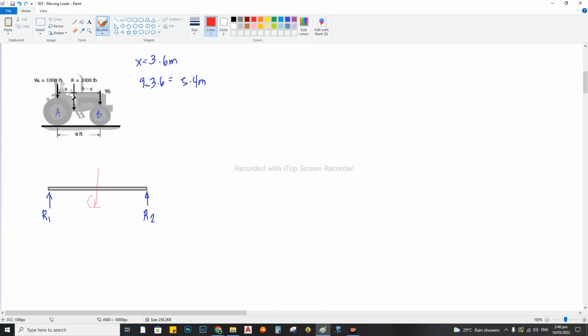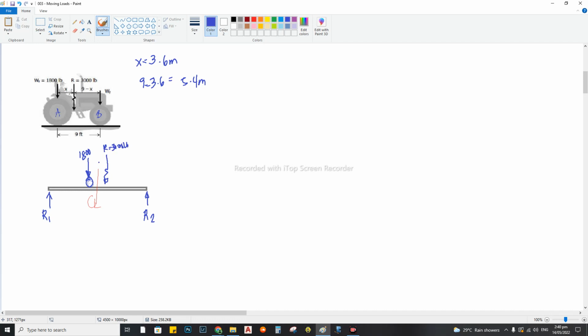So let's say this will be our center line. Tapos ato ang load A, so halfway or midway daw ang load A. So we have load A here 1,800 pounds, and then ang resultant R on this side which is 3,000 pounds.